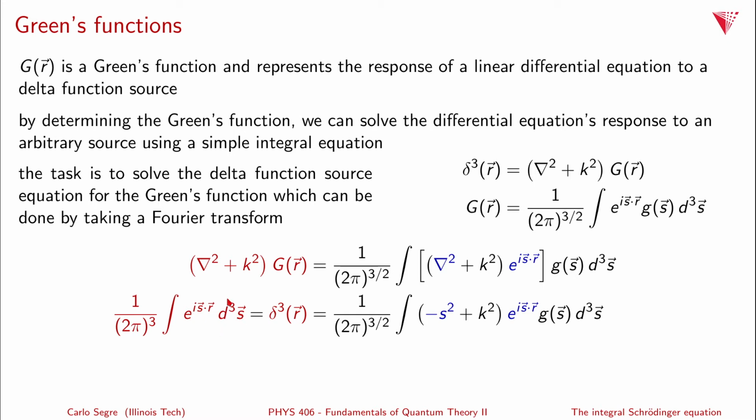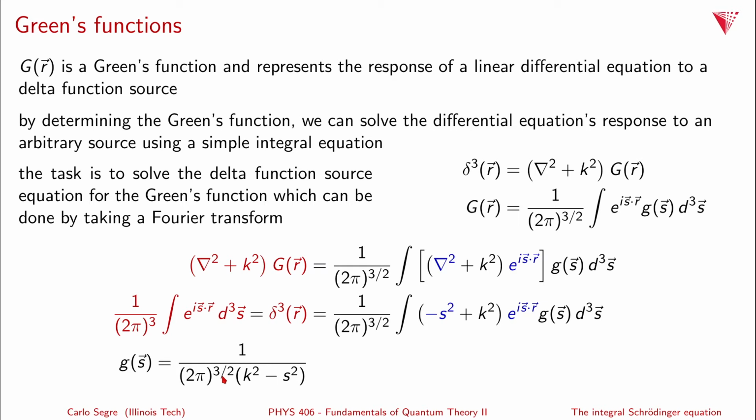And so we now have this integral over here is equivalent to this integral over here. So by inspection, we can then extract what g of s is. Because if these two are equivalent, well, we have a constant, 1 over 2 pi to the 3 halves.